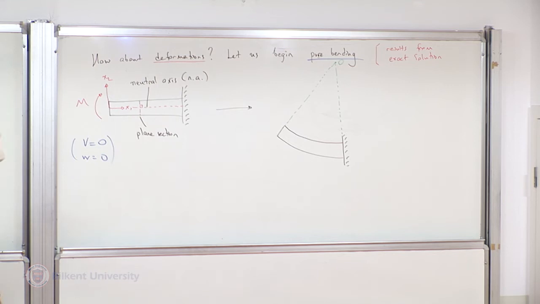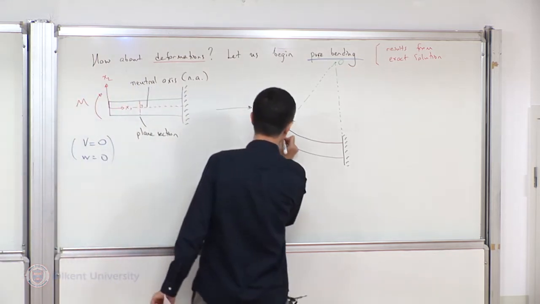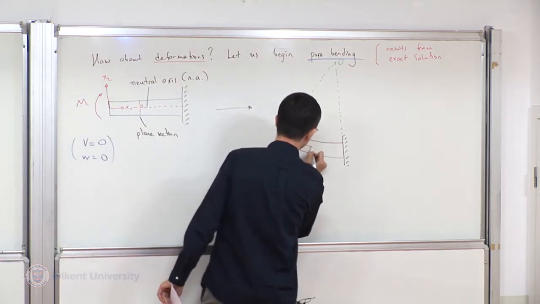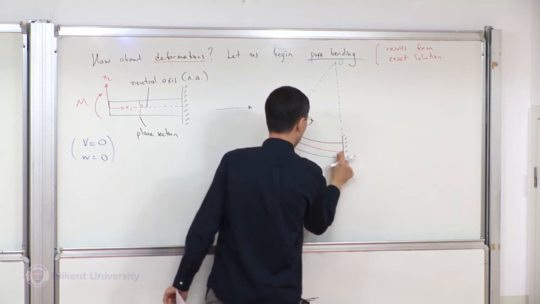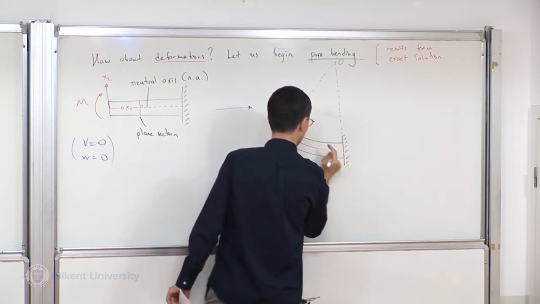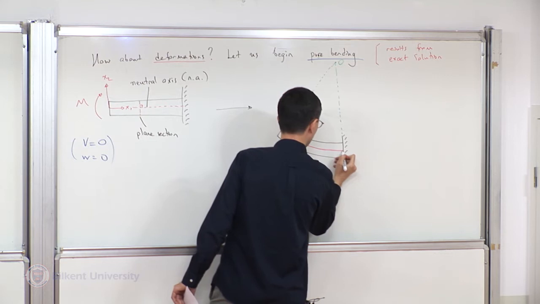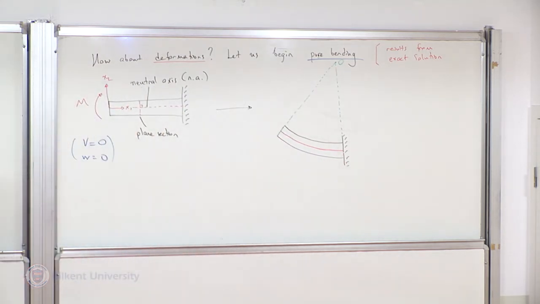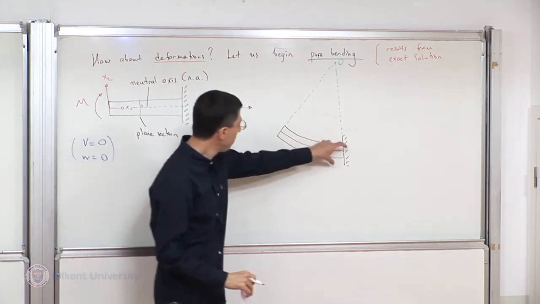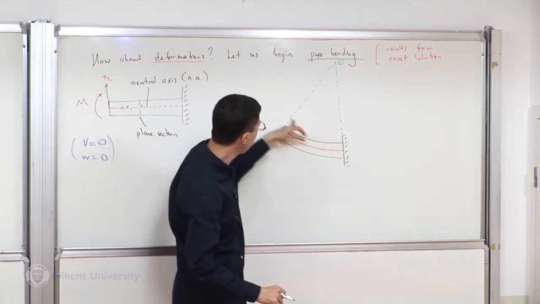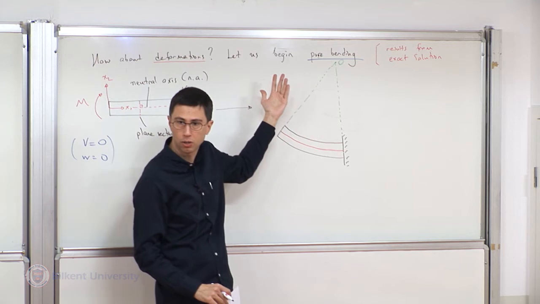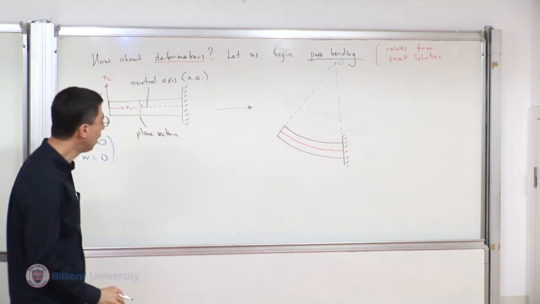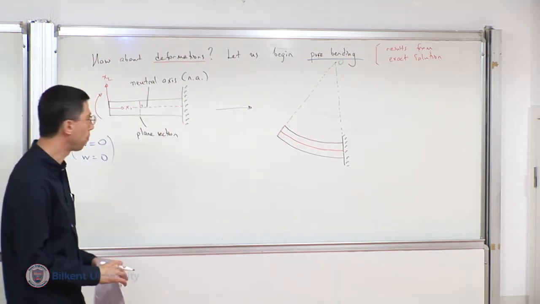And I can draw the neutral axis. Okay. So in other words, under the action of pure bending, the deformation is such that I seem to have a slice from a circle. Okay. So it's a very neat deformation.